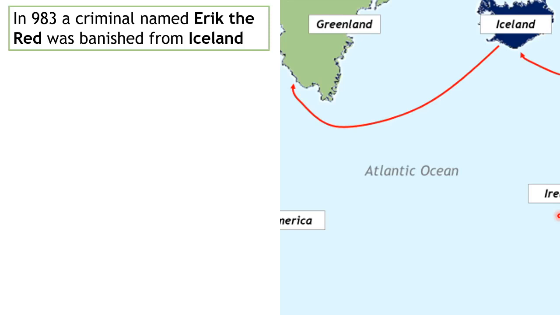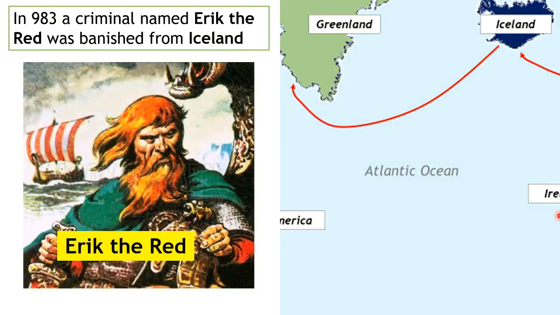The settlement of Greenland started with a criminal. Eric the Red, I think he was called Eric the Red because of his beard, that would make sense, was banished from Iceland by the Althing. He's sent away from the island because apparently, allegedly, he had murdered some fellow settlers.